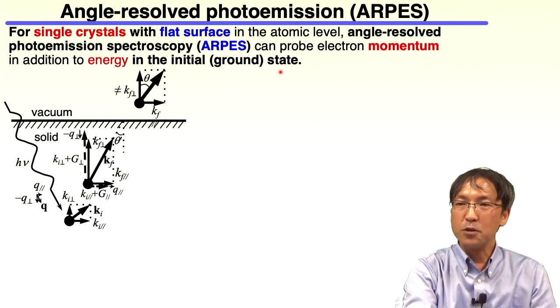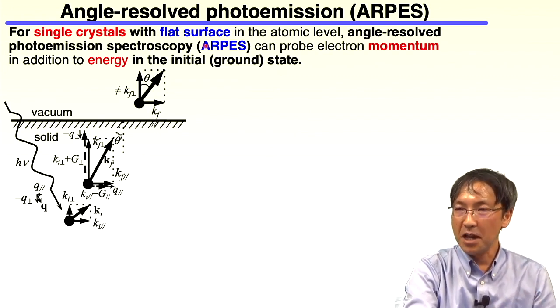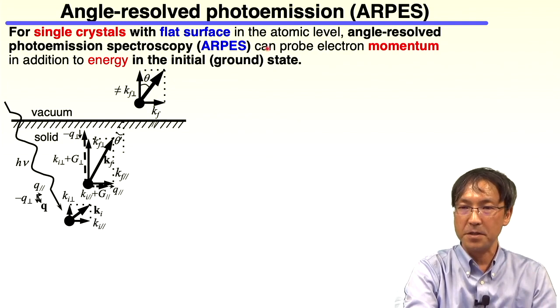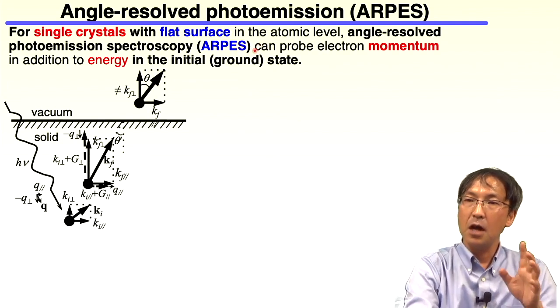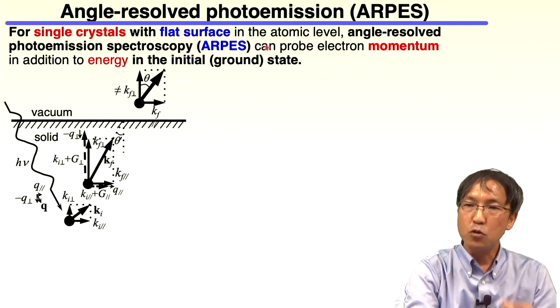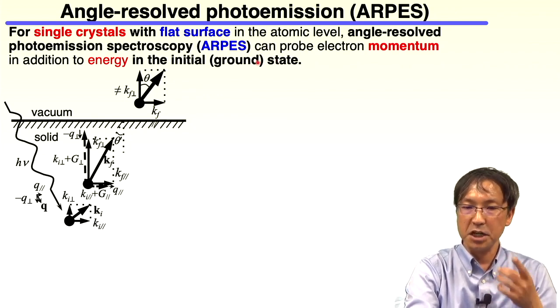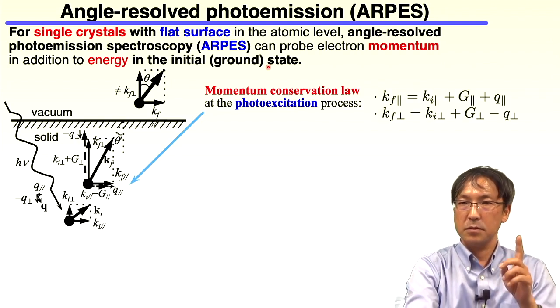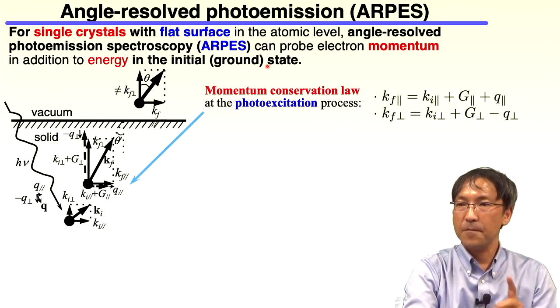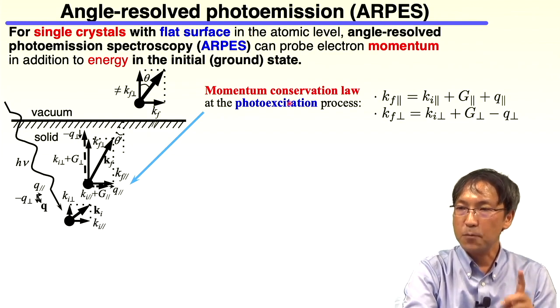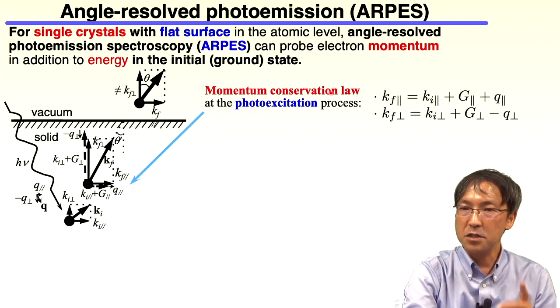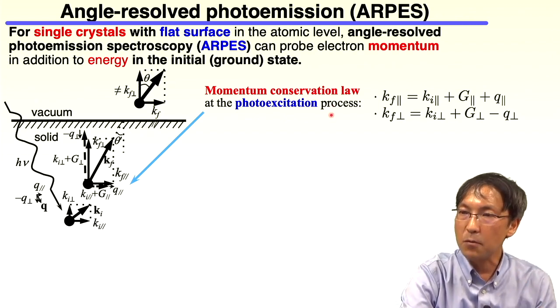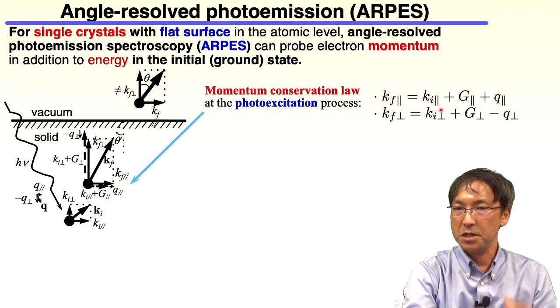When the probed material is single crystalline with a very flat surface at the atomic level, ARPES is available to probe the electron momentum in addition to the energy in the initial state. The momentum is conserved at the photoexcitation process, step 1, including the incident photon momentum and the crystal momentum, in other words, the reciprocal vector G.